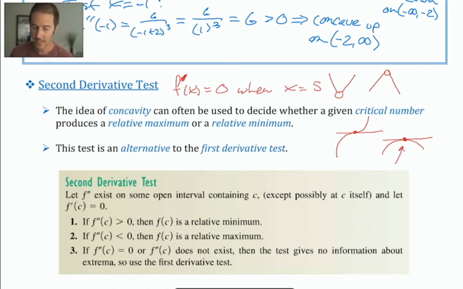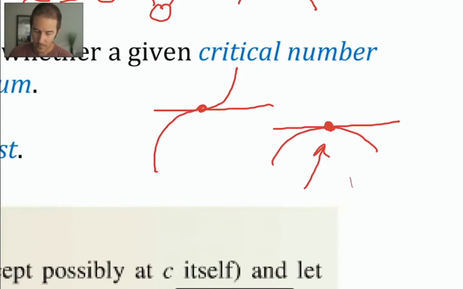And if it's concave down, then it's a maximum. If it had been concave up at that point, then that point must have been at the bottom of a curve, in which case it's a minimum.